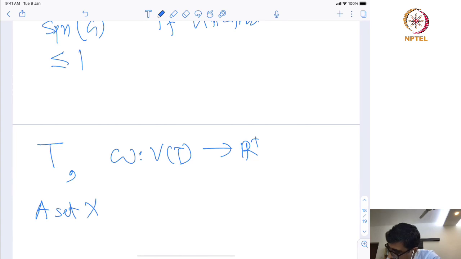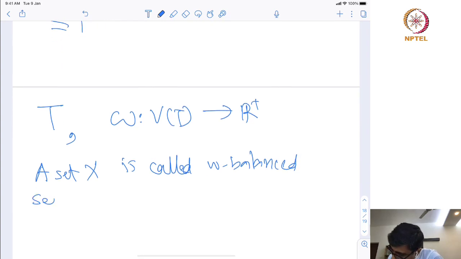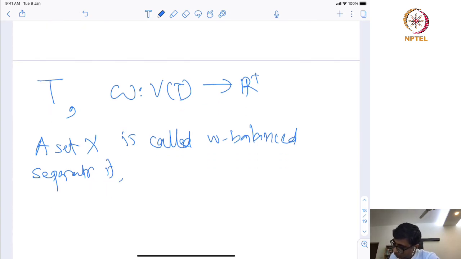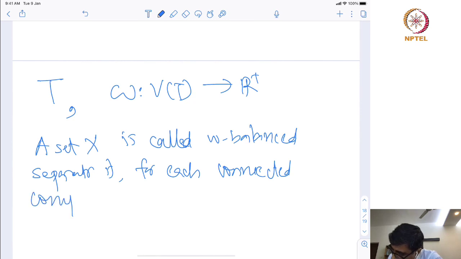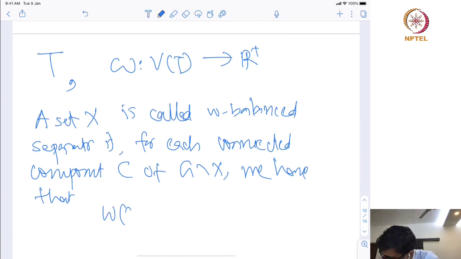A set X is called a W-balanced separator if for each connected component C of G minus X, we have that the weight of C is at most the weight of the vertex set of G divided by 2.